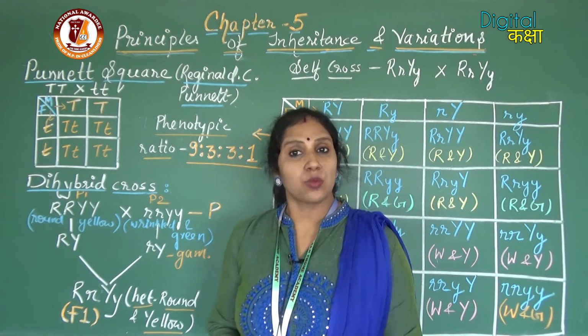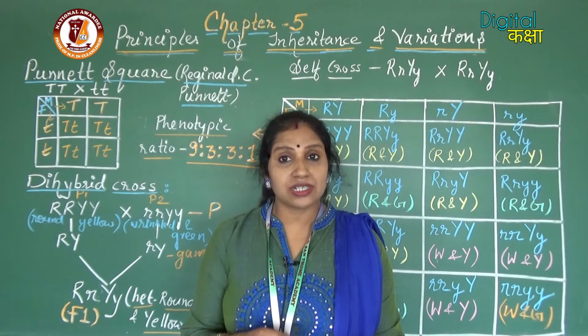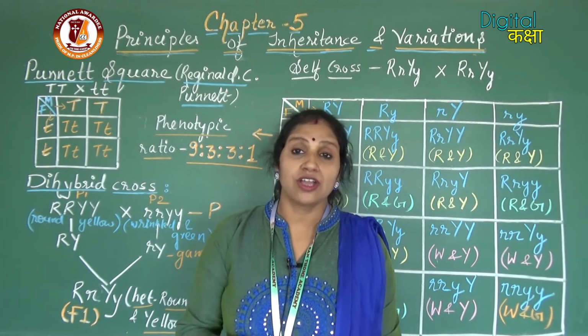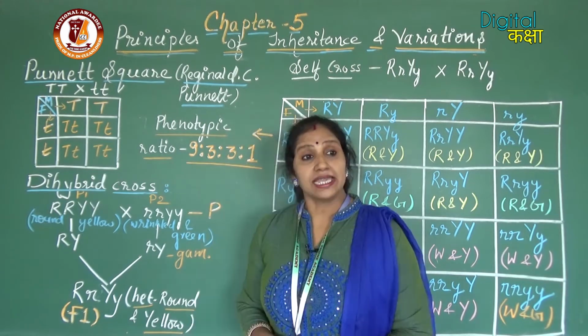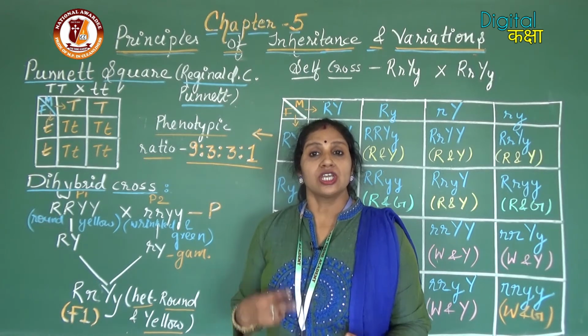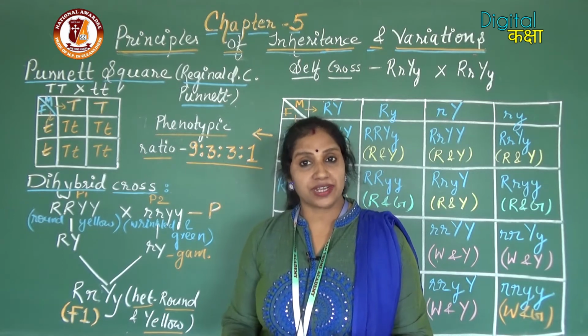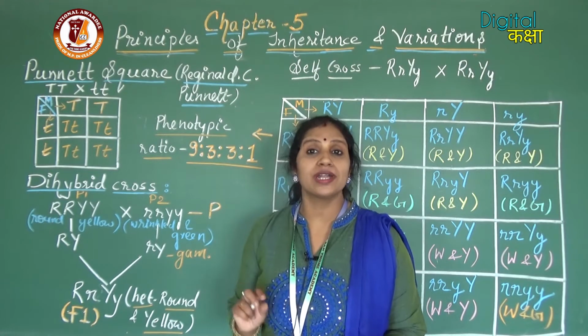You all know what a dihybrid cross is. A dihybrid cross is a cross in which two individuals are crossed for two contrasting characters. In the dihybrid cross, Mendel crossed two different plants which bear two different characters, that means two genes and 4 alleles.